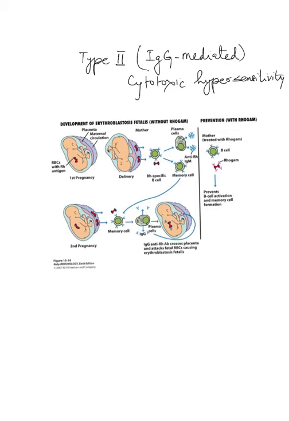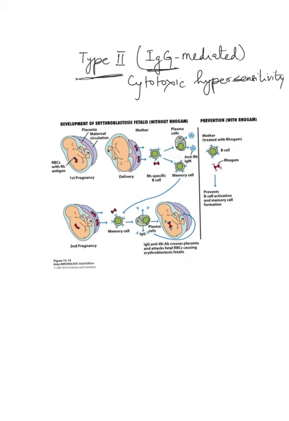Remember that IgG is the predominant antibody that is responsible for type 2 hypersensitivity, although in some cases IgM is also involved, but in most of the times it is the IgG that is responsible for this cytotoxic hypersensitivity or the type 2 hypersensitivity. So one such example of this is erythroblastosis fetalis.